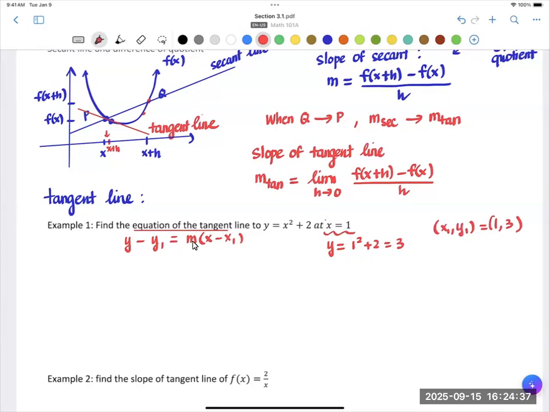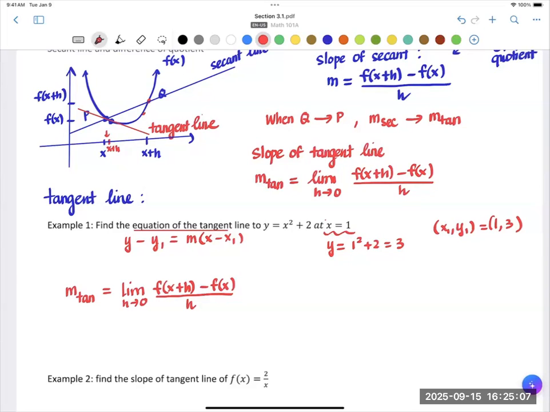And now I need to find the slope of the tangent line. By using the limit definition, the slope of the tangent is equal to the limit as h approaches 0 of f of x plus h minus f of x, over h. Because we know x is equal to 1, I can put 1 into my x.